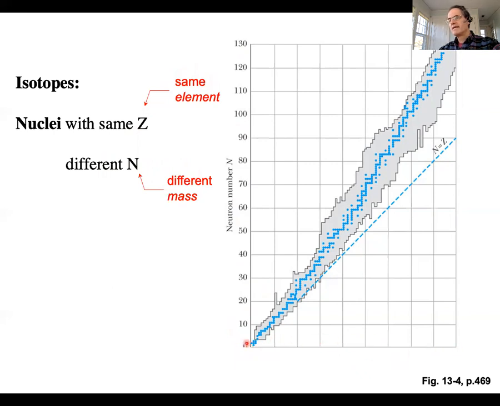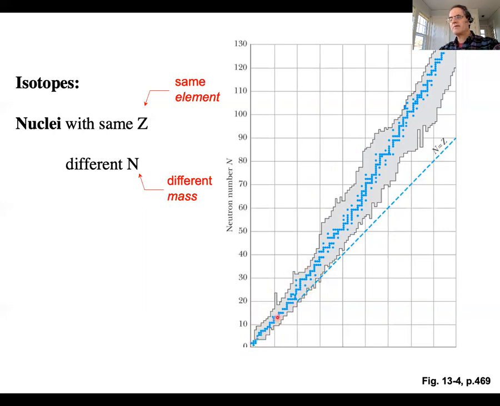It's interesting to look at this. In this chart, the dark blue points are stable nuclei. The light blue points are unstable nuclei. And then outside of those ranges, there's nothing, no nuclei have been observed. For light nuclei, you can see that the number of neutrons is close to the number of protons.